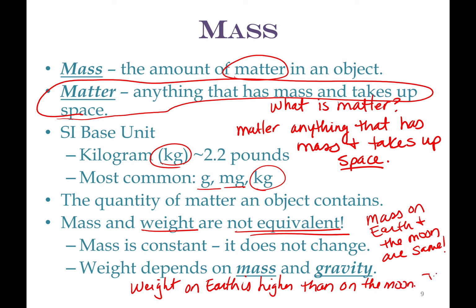Why? Because of the pull of gravity. So weight depends on the amount of mass, how much matter is in that object, and how much gravity is pulling it down. The pull of gravity is less on the moon, so the mass would be the same, but weight would be different.